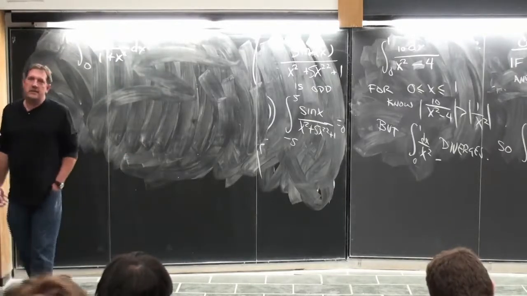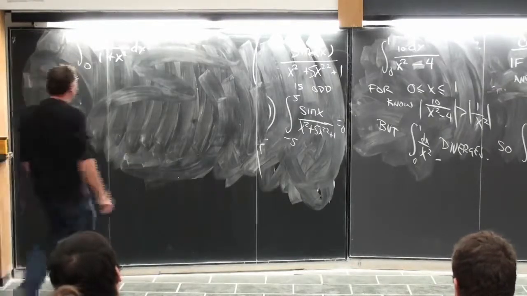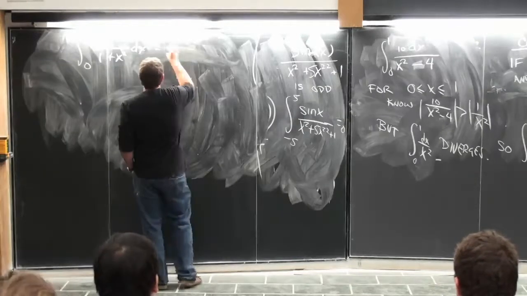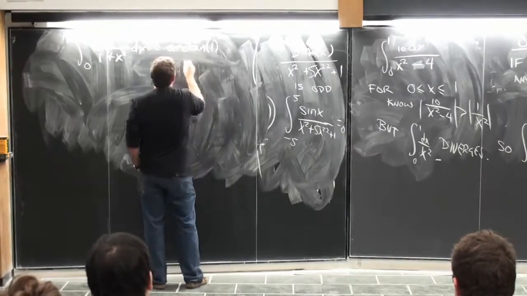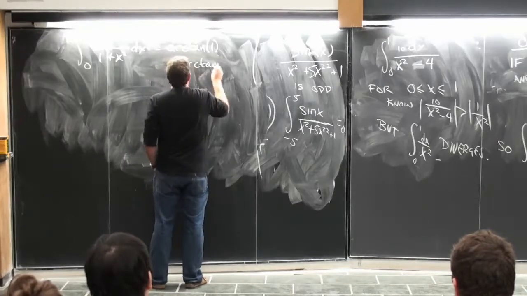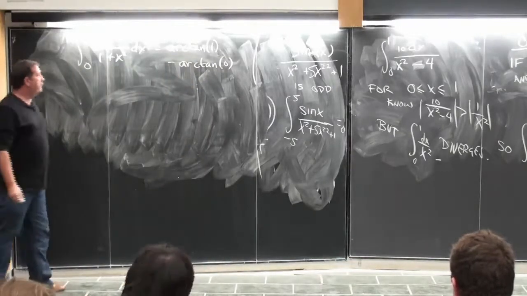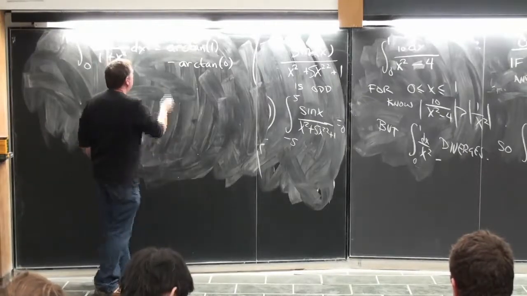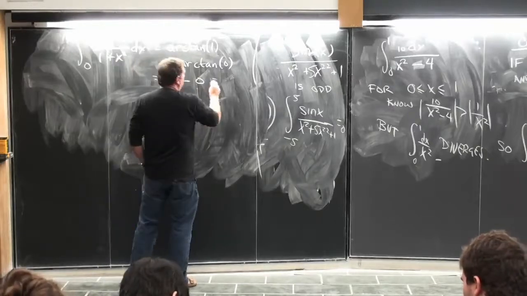This one we know the answer. The answer is pi over 4. Right? Because this integral is one you know. This is the arctan of 1 minus the arctan of 0. The arctan of 1 is pi over 4. So this is pi over 4.